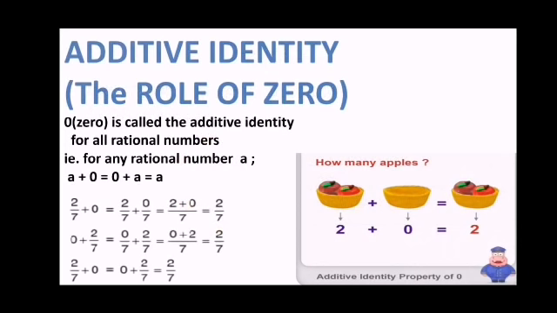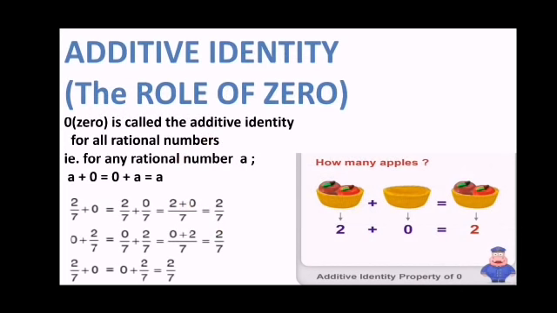So 2 upon 7 plus 0 is equal to 0 plus 2 upon 7 equals 2 upon 7. The same rational number we get as the answer. Then only we call 0 the additive identity for rational number 2 upon 7.